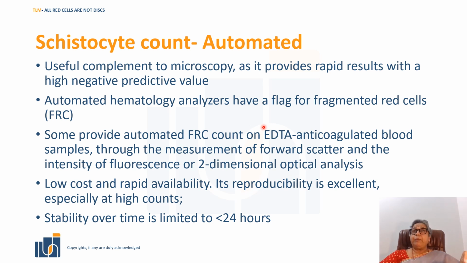If you're following up a patient who's got DIC or who's got HUS, and you want to look at the serial evaluation of these schistocytes, then this is a very good alternative. The stability over time is limited to less than 24 hours. That means you can process a sample only within 24 hours of collection.